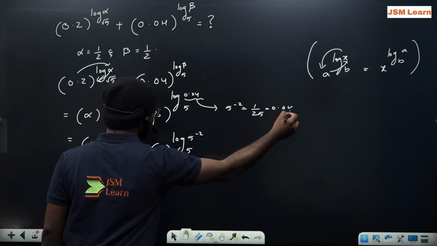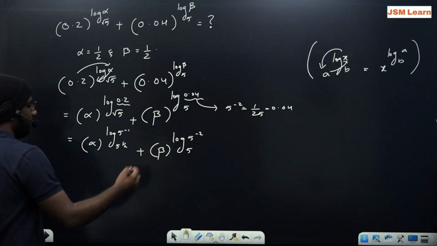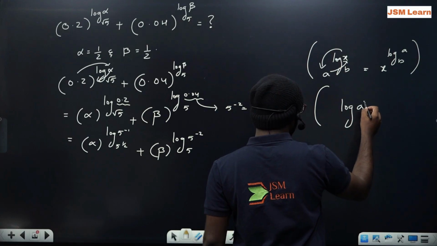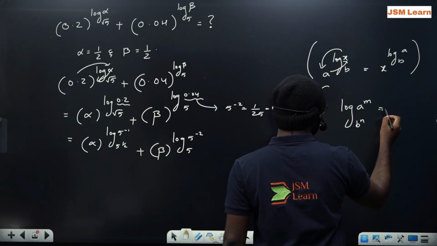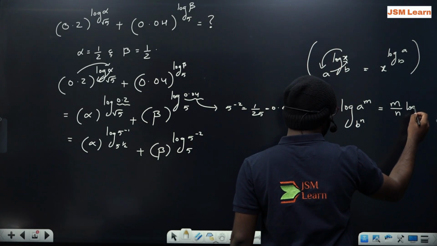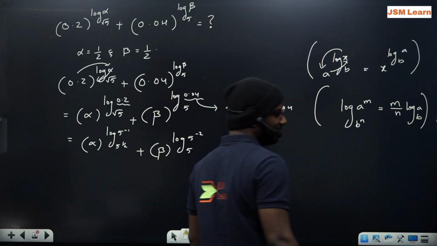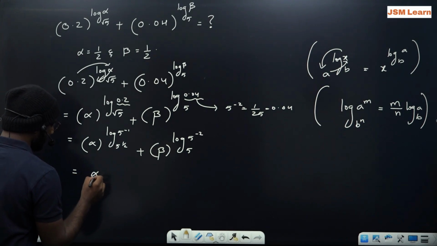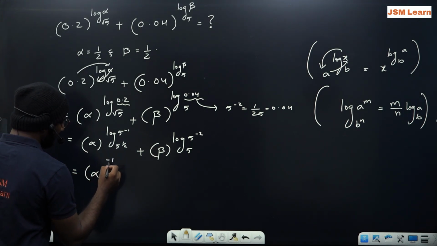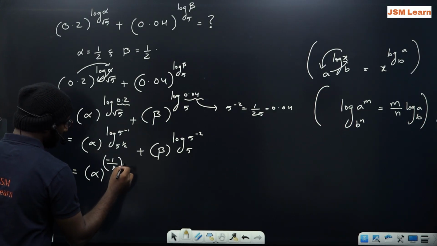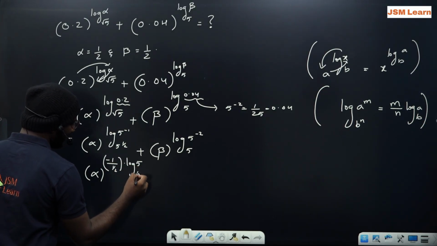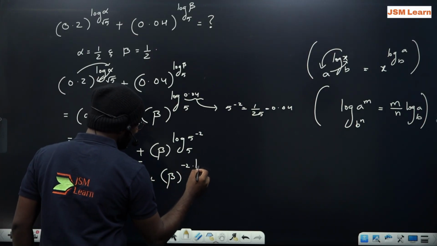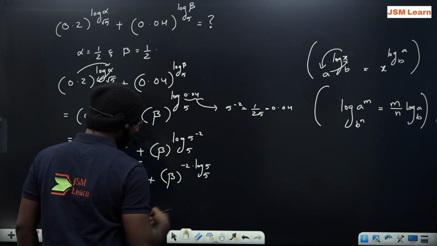Now using the property of logarithms, log of a power m with base b power n is m by n times log a to the base b. Simplifying, we get alpha power minus 1 by 1 by 2 times log 5 to the base 5, and beta power minus 2 times log 5 with the base 5.